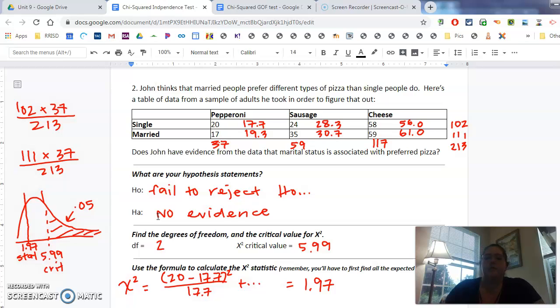In other words, there might be a little bit of a difference, but there's not a big enough difference for us to say for sure for all people everywhere that your marital status affects the type of pizza that you like. So that would be our conclusion. No evidence of a difference because our statistic is not in the critical region. As far as p-value, remember p-value is basically just the area that's past your statistic, and our p-value is much bigger than 0.05 because we're not in the critical region.